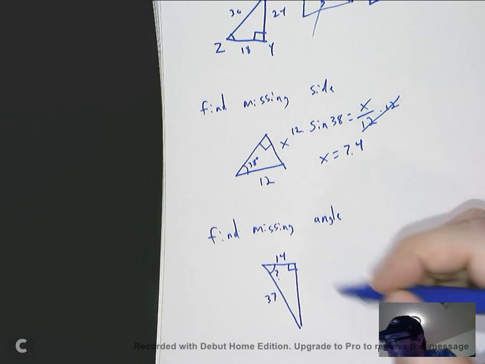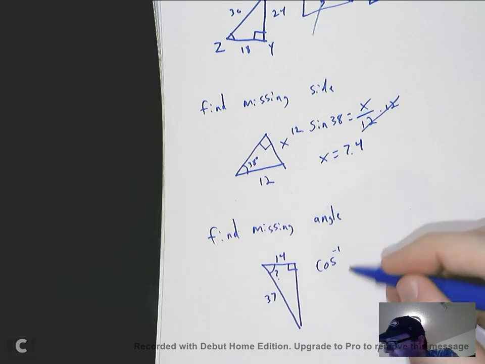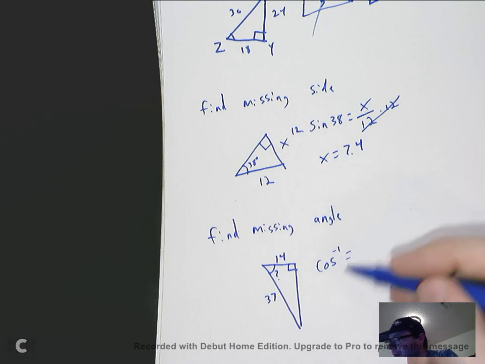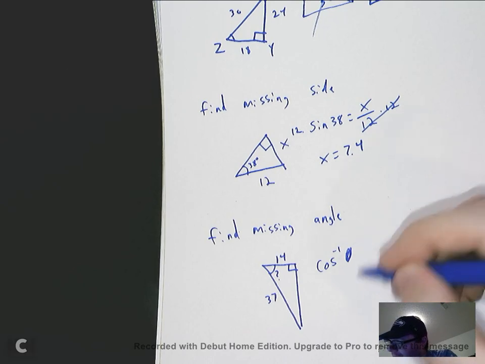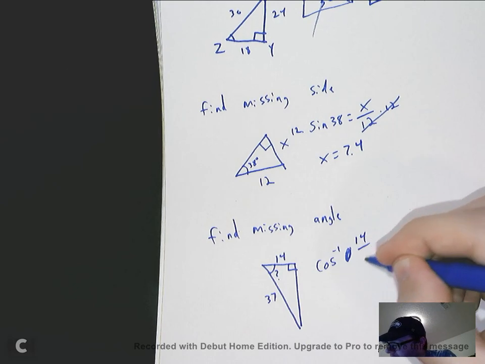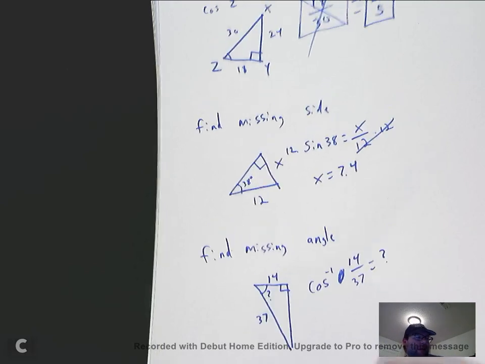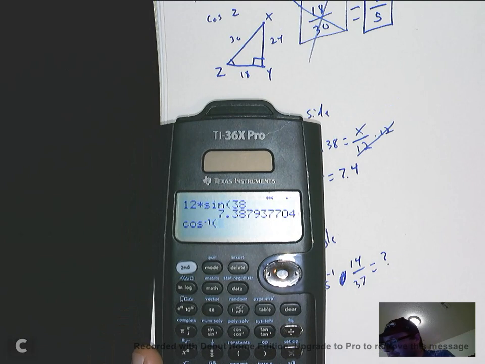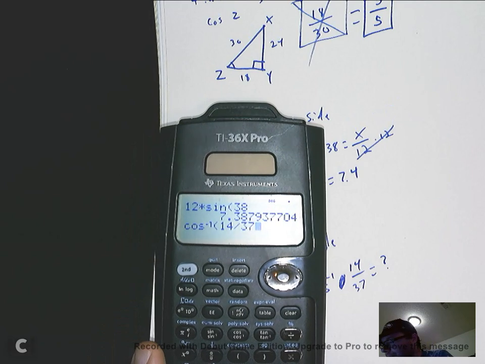So basically to set up the cosine inverse, the cosine inverse function is just going to equal the ratio, so 14 over 37 should equal my question mark. Okay, and then you just got to plug that in your calculator. There's no solving or anything like that. You just got to plug in the ratio, so 14 divided by 37.